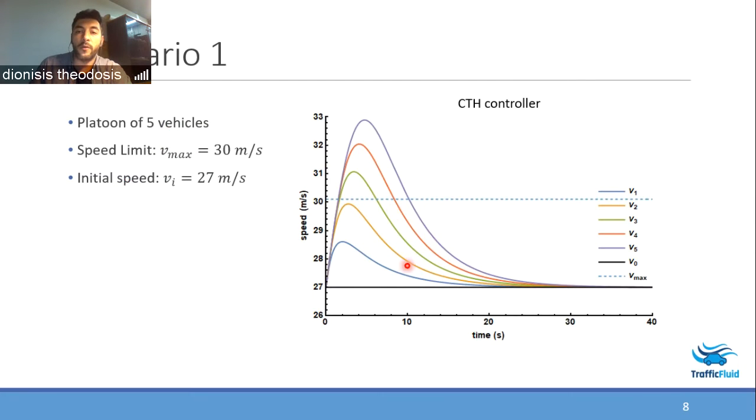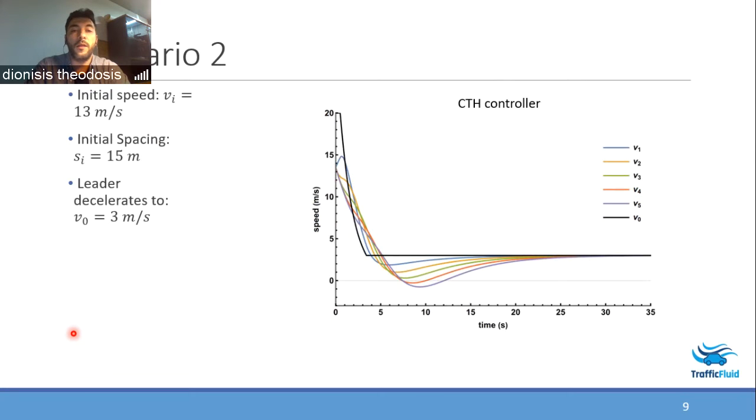We have, for instance, here the road of a platoon of 5 vehicles, a road with maximum speed limit 30 meters per second, and we see that some vehicles exceed this bound until they reach their desired speed of the leading vehicle.